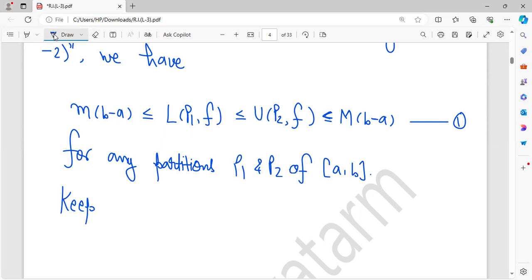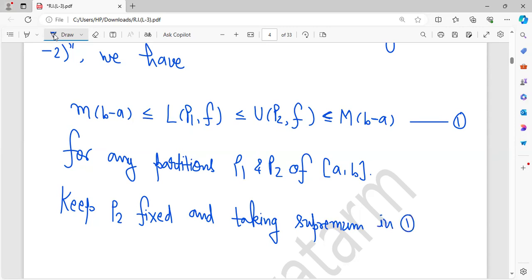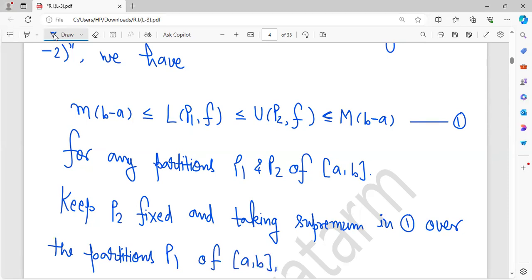Keep P2 fixed and take the supremum over the partitions P1 of the closed interval [a, b]. What will we get?